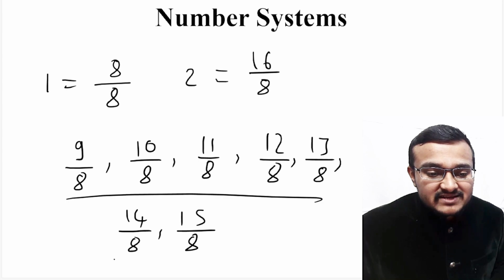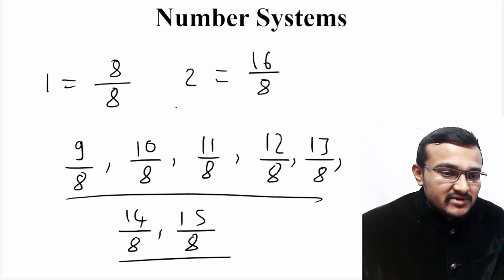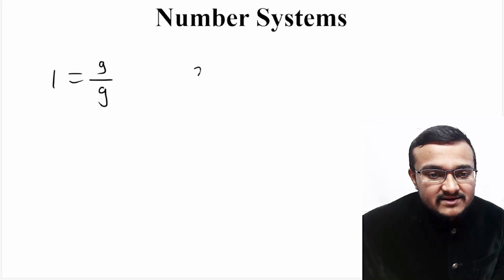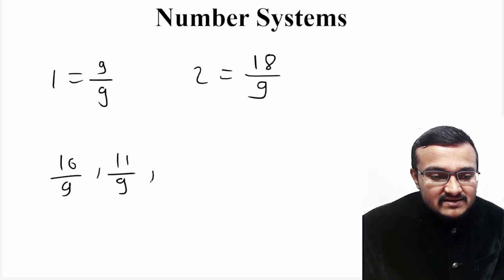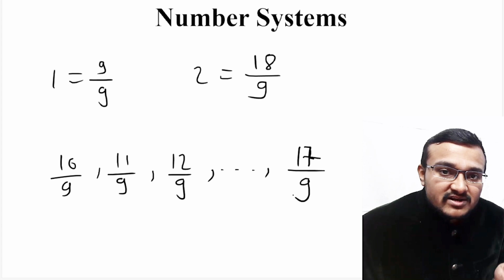So that means these many rational numbers are also there in between 1 and 2. For example, if I take 1 is equal to 9 by 9 and 2 is equal to 18 by 9, then again 10 by 9, 11 by 9, 12 by 9, like this it goes on till 17 by 9. So these rational numbers also exist in between 1 and 2.